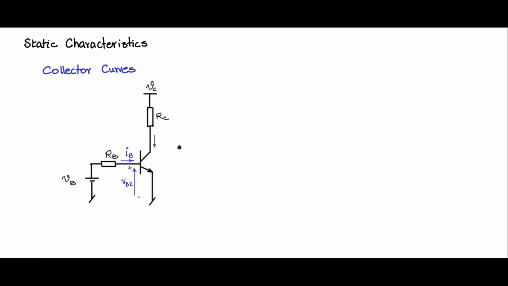As a result, there is a collector current that will flow, and there is a voltage across the collector and the emitter of the BJT, and we will denote it by VCE, and plus is collector and minus the emitter. And we will also define the beta. Let's say we give a value 100. We take a transistor which is having a beta or HFE value of 100. So this is the setup.